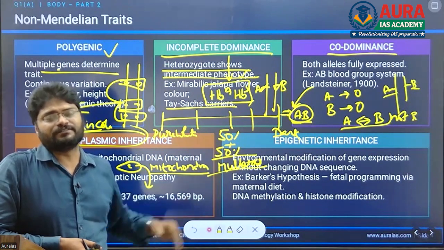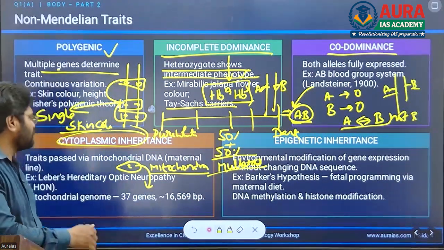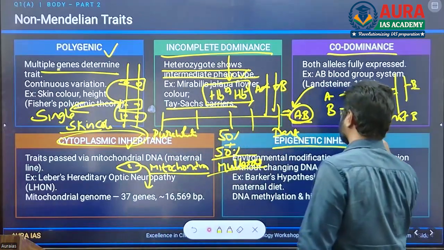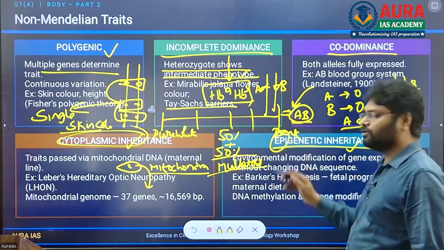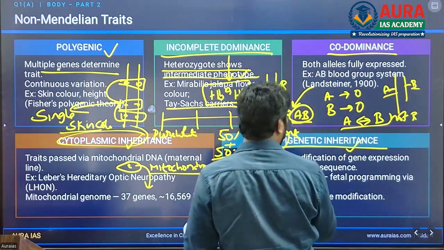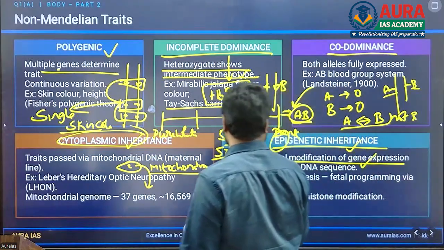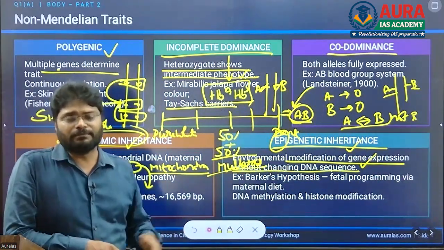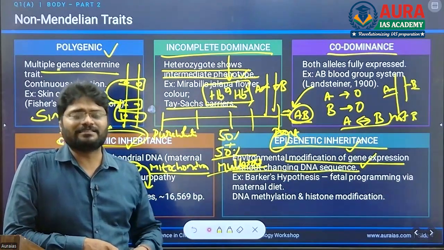It also deviates from the Mendelian rules. This is cytoplasmic inheritance. Epigenetic inheritance, where epi means more environmentally impacted, is a modification of gene expression without changing the DNA sequence. DNA methylation and so on are examples.